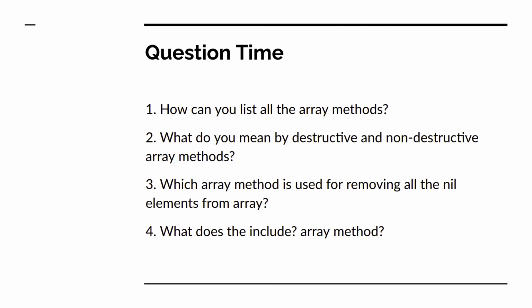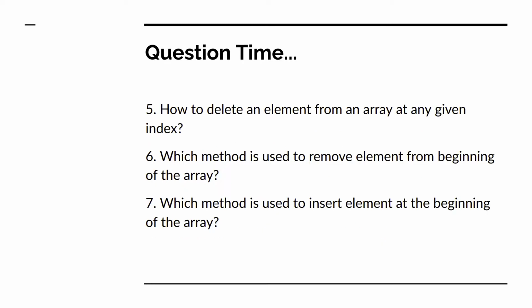What does the include? array method do? Okay, so the include? method just checks whether an element exists in the array or not. Again, the next question: how to delete an element from an array at any given index? So you can simply use delete_at. Okay, just pass the index number to delete_at, and then the element at that index will be deleted.